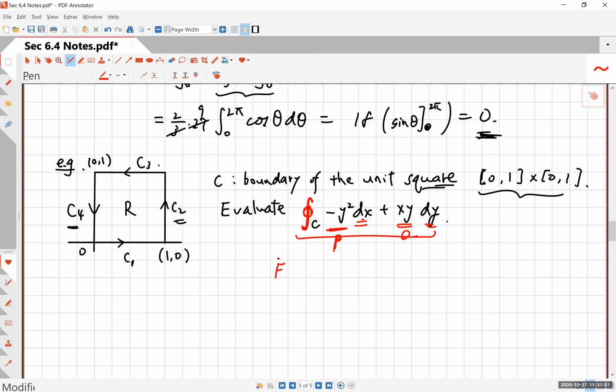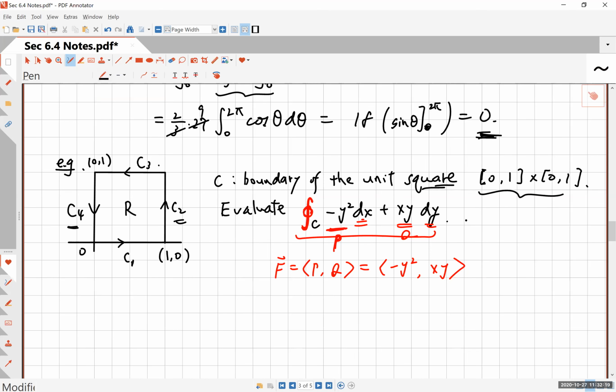So the vector field that you are integrating, or trying to find the work for, the work done by this vector field along the curve C1, C2, C3, C4, is negative y squared, comma, xy. Okay, that is the vector field that we are considering.